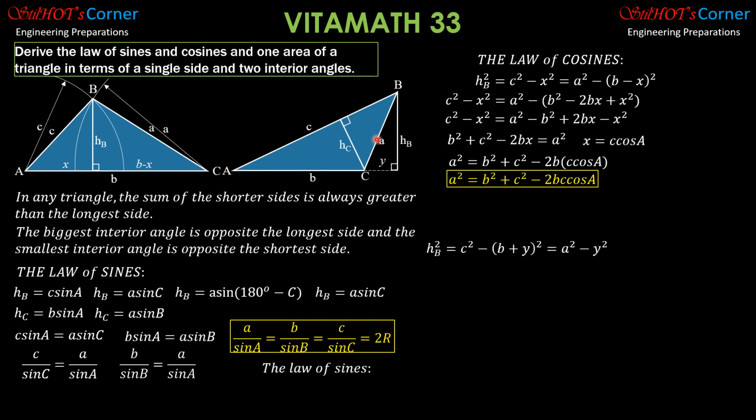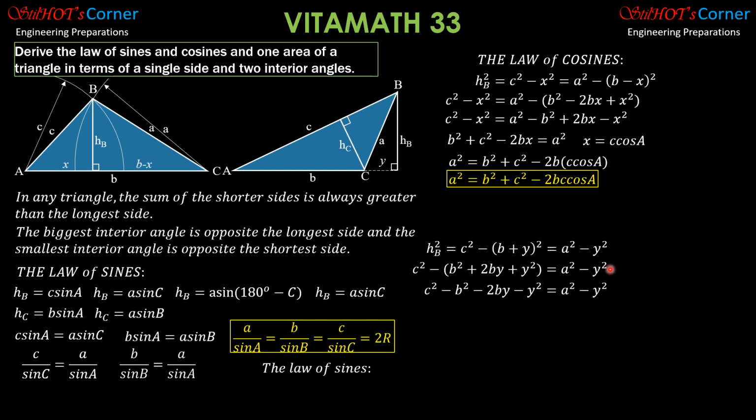It is also a square minus y square. So let's expand this part. C square minus quantity b square plus 2by plus y square equals a square minus y square. Let's remove this parenthesis. C square minus b square minus 2by minus y square equals a square minus y square.